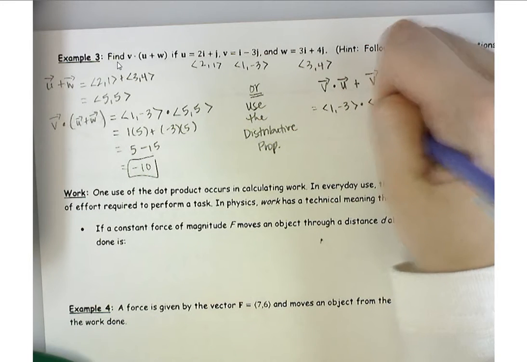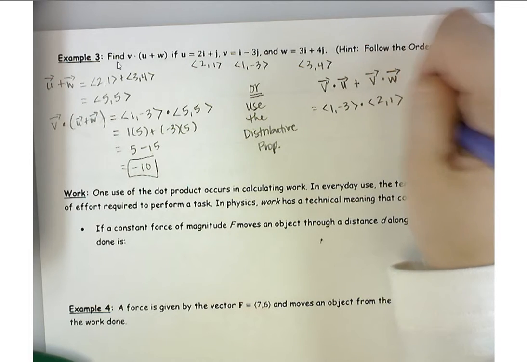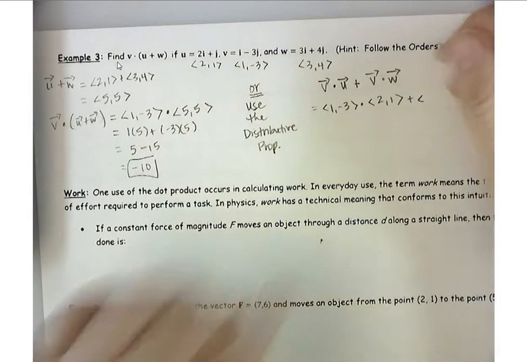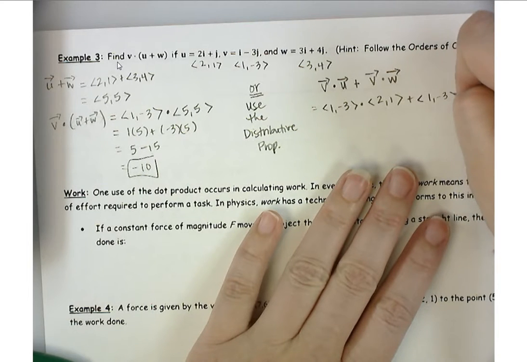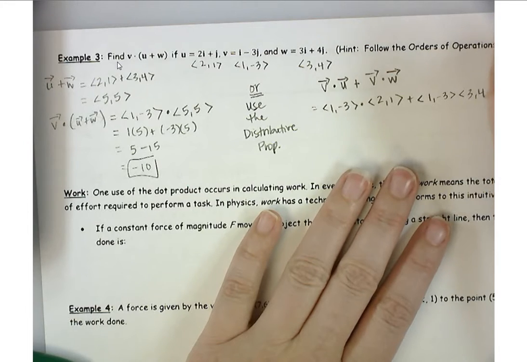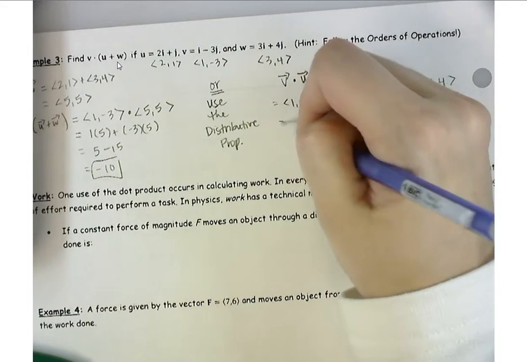And U was 2, 1 plus V, which was 1, negative 3, and W, which is 3, 4. Okay, so we're just going to do the dot product twice here.